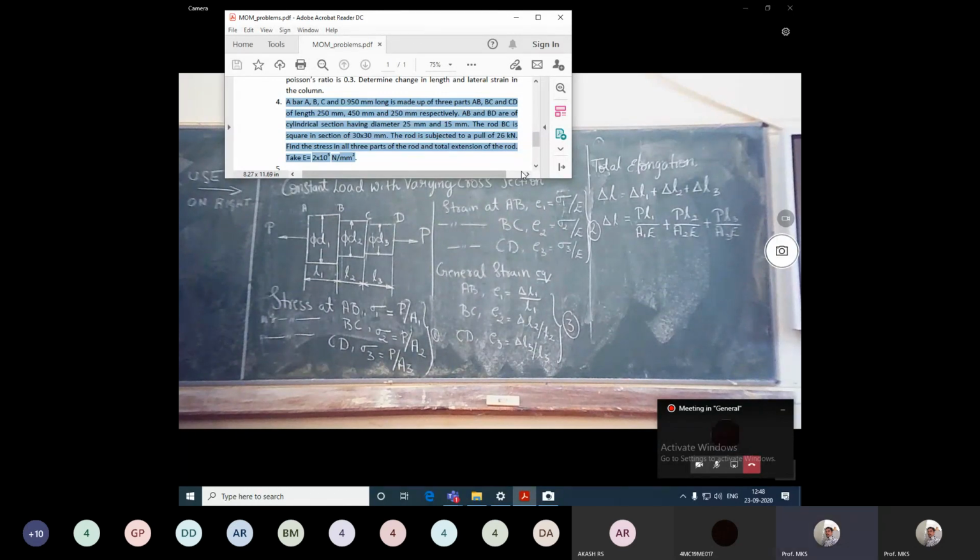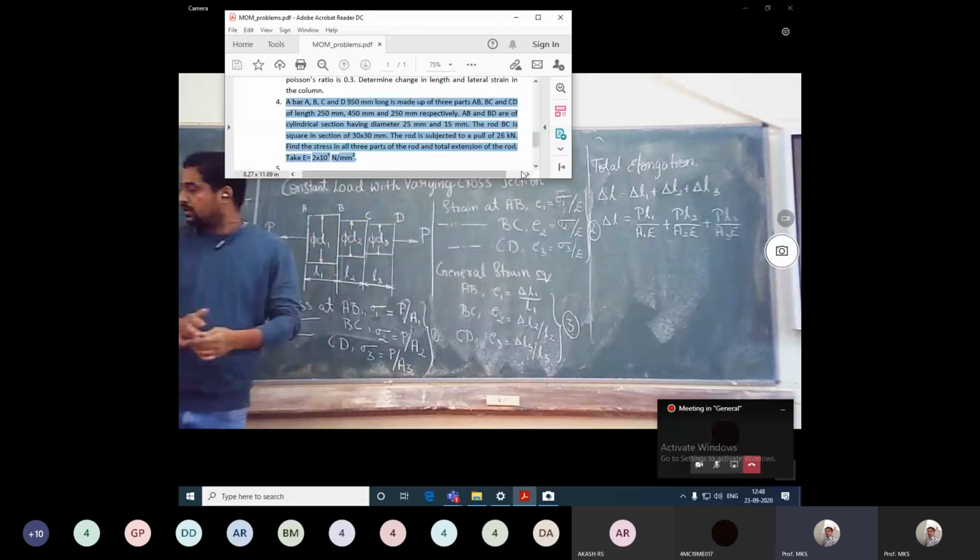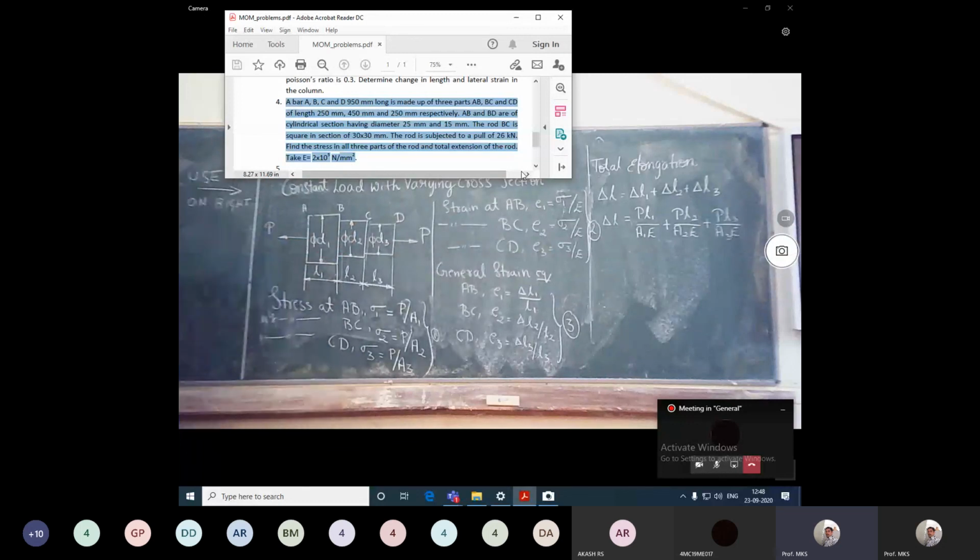Now the problem. If you understood the derivation steps, the same steps you need to use to solve the problem. A bar ABCD of 900 mm long. The total length of the bar is given.